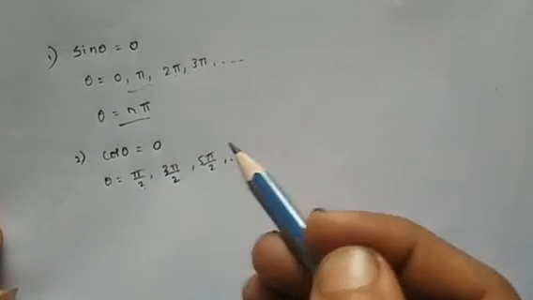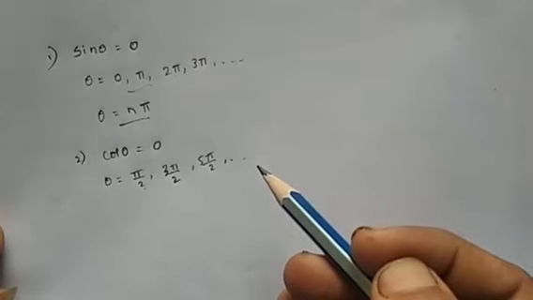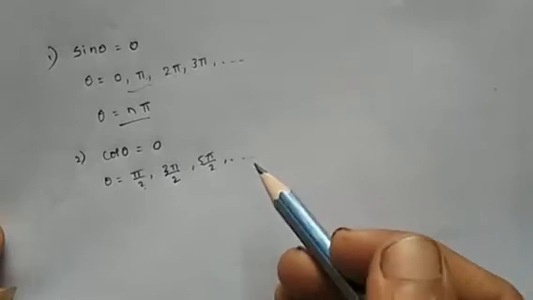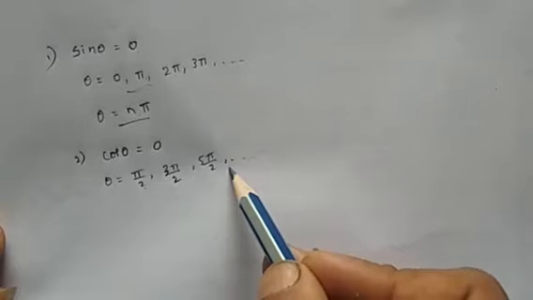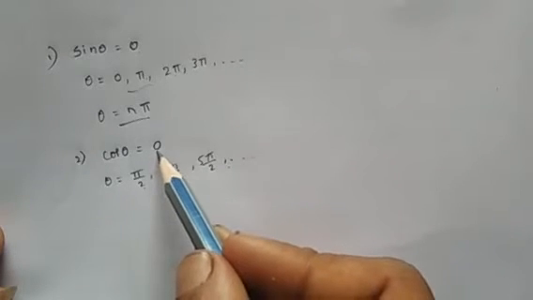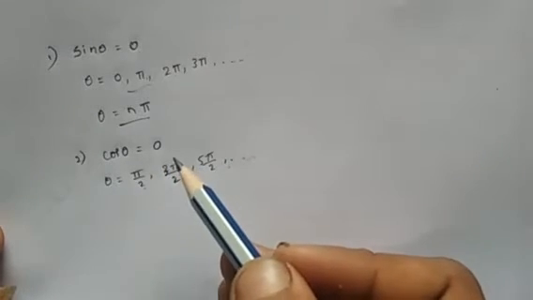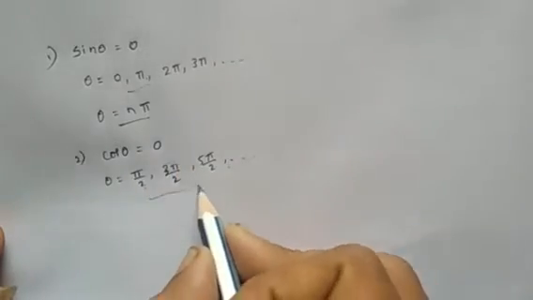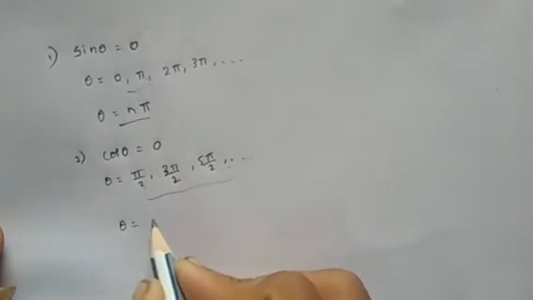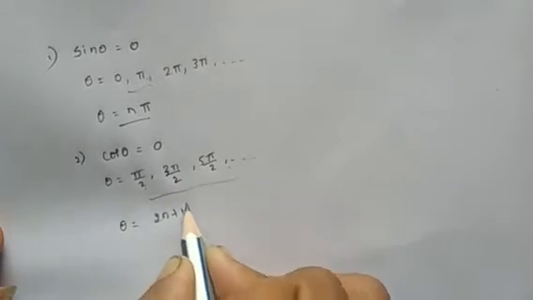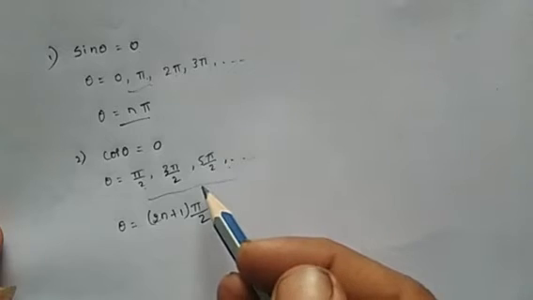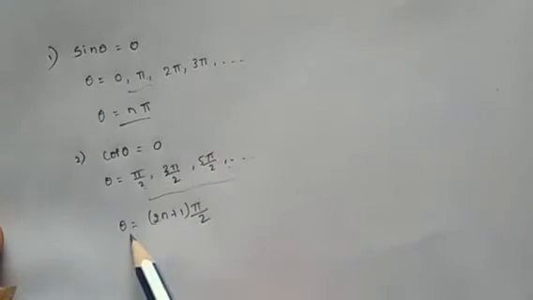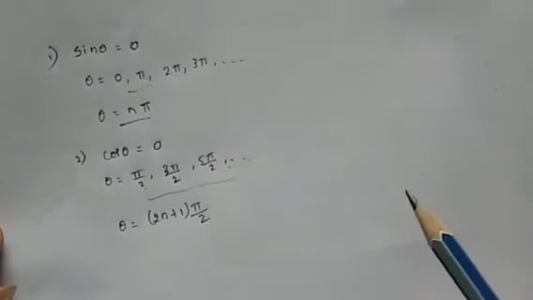Cos 7 pi by 2 is 0, and so on. In this case, we observe that odd multiples of pi by 2 give cos equal to 0. So generally we say the theta value is (2n plus 1) pi by 2.